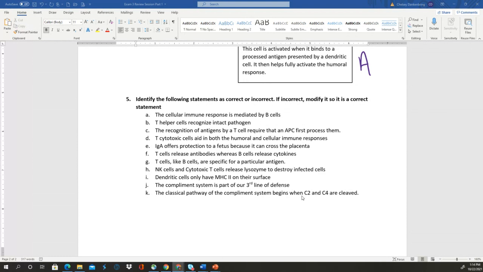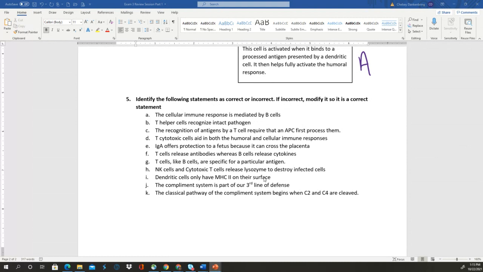All right. The complement system is part of our third line of defense. Good. Well, how can we modify that? Good. Second line of defense. Wonderful.